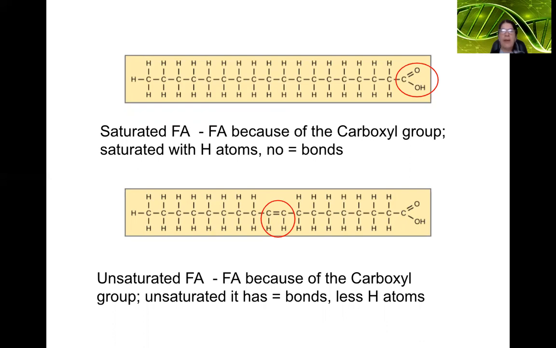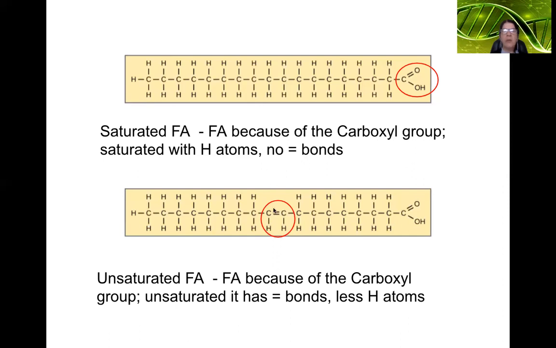So a fatty acid contains mostly carbons and hydrogens, and the only oxygen can be seen in the carboxyl group. So every carbon within a fatty acid has exactly 2 hydrogens attached to it, except the ones at the end, which have 3. So the carbons are saturated with hydrogens.